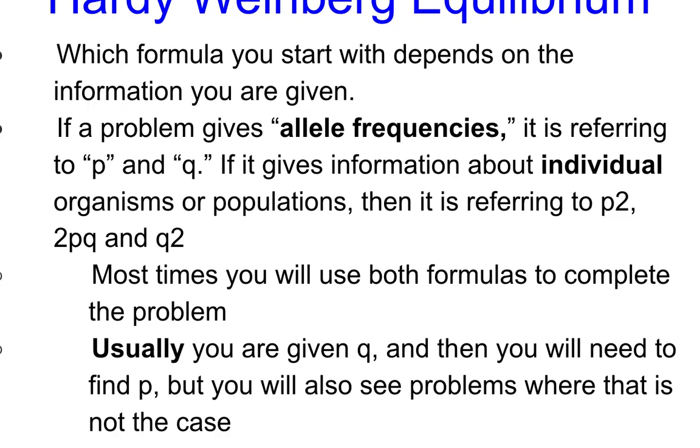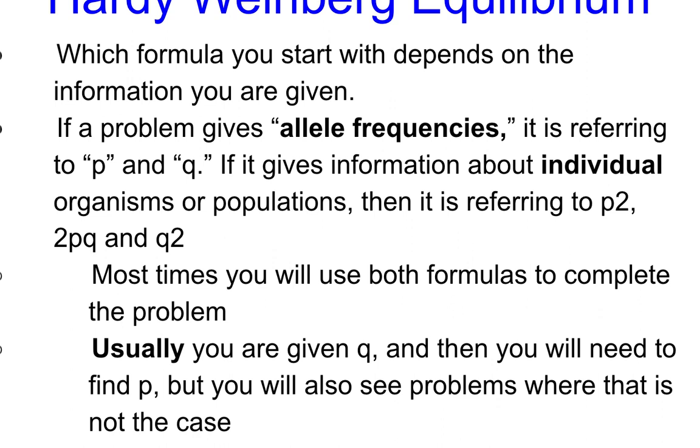When you're trying to solve these Hardy-Weinberg equilibrium problems, first of all, decide which formula you can start with. If the problem gives you allele frequencies, it's usually referring to P and Q almost all of the time. If it gives you more information about individual organisms or populations or percentages, or even mentions the heterozygous, then it's referring to the P squared, 2PQ, and Q squared formula.